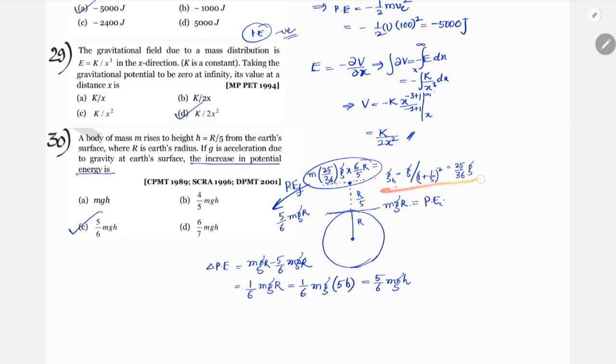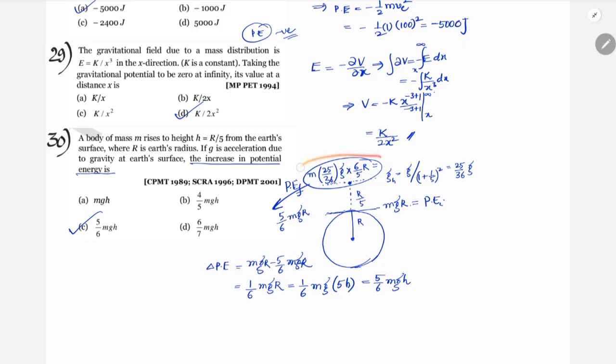Now at a height, you can get a more precise value when you use the direct formula. Don't take the approximation formula. At a height, g divided by 1 plus h by R whole squared. This is the formula for calculation of acceleration due to gravity at a height h. Now you will get 25 by 36 g.